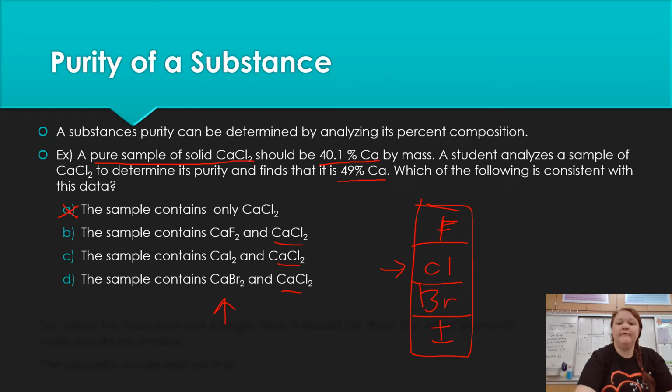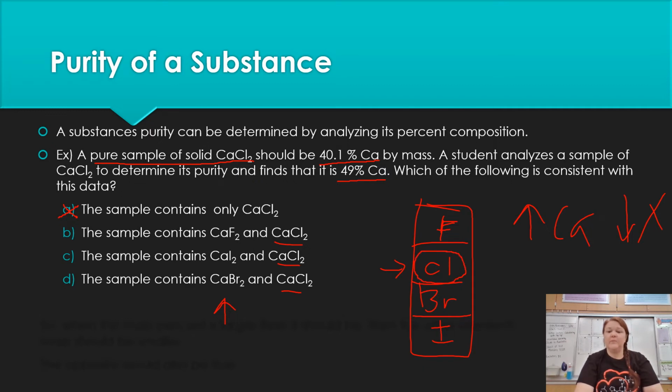Well, again, if we have more calcium, that means we have less mass of whatever the other thing is. So if our other ion in our normal one is chlorine, then we need something with less mass to be the impurity, with less mass of that negative ion.